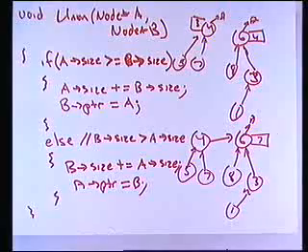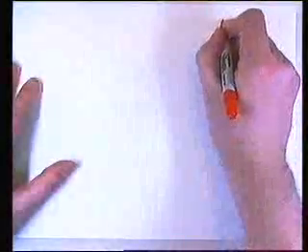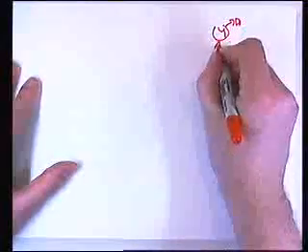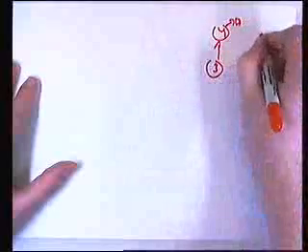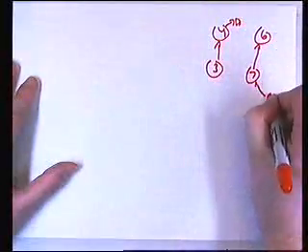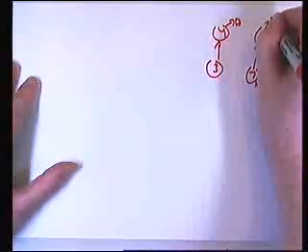Now, as far as union by height goes, we might notice here that if I have two trees, say here's 4, that's null, and here's 3, and if I have 6 and 7 and 9, and that's null.